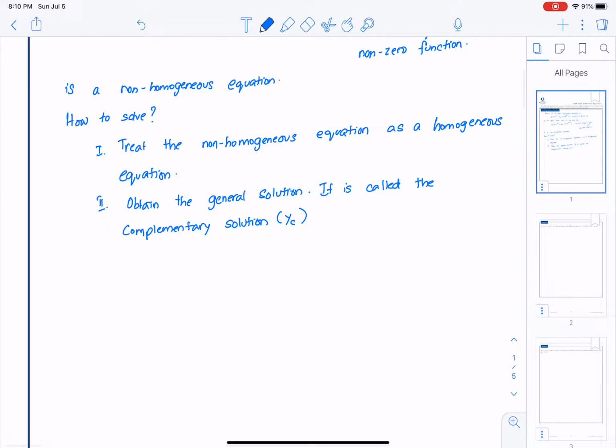Now we go back to the original equation and obtain another solution, which is called the particular solution.